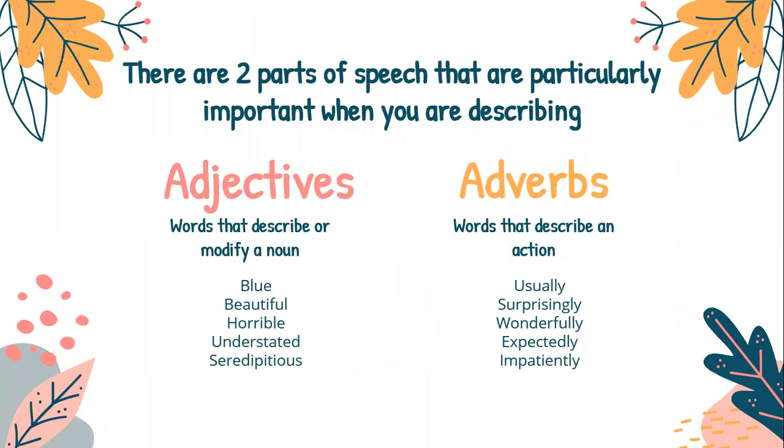Whenever you are doing description, there are two parts of speech that are particularly important. Number one is adjectives, and number two is adverbs. Adjectives are the words that describe or modify a noun, and adverbs are words that describe an action.